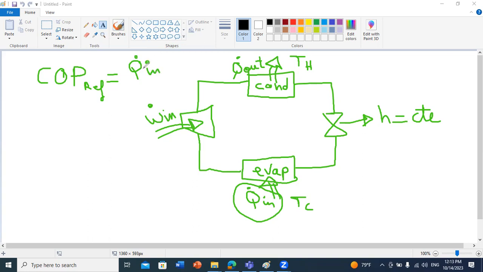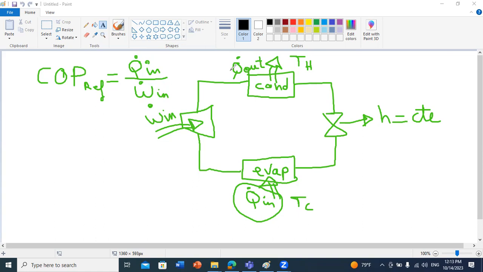While if our purpose is to produce a heating effect, let us consider HVAC systems. HVAC systems during winter will play the role of a heat pump.